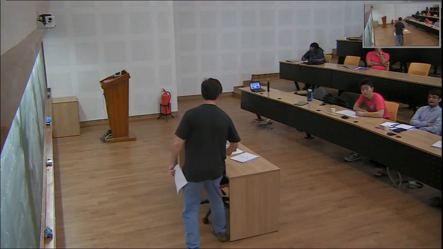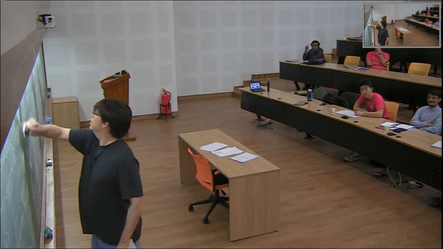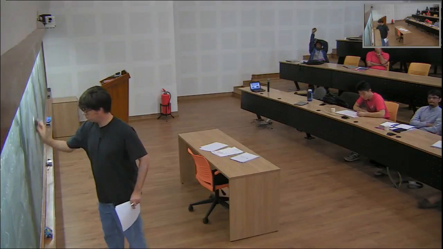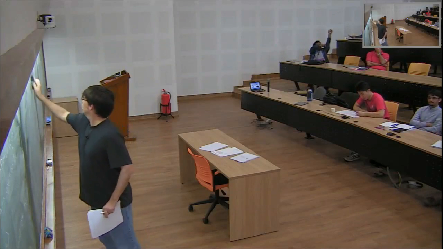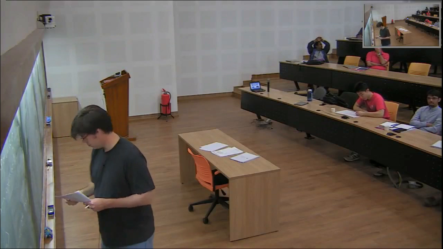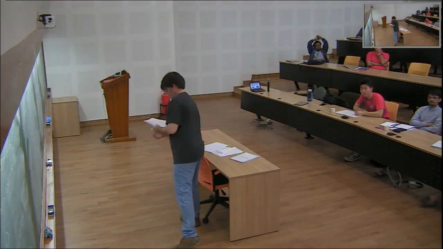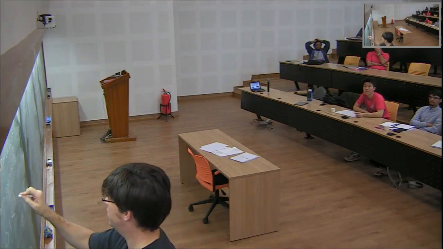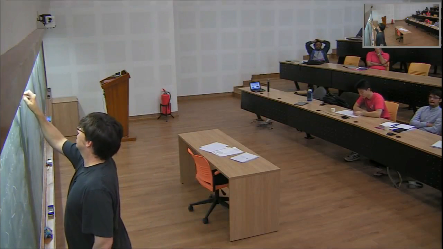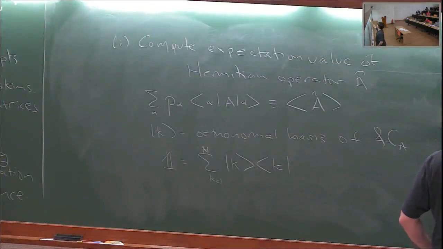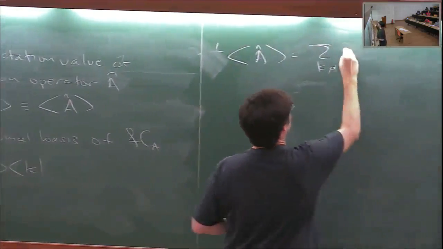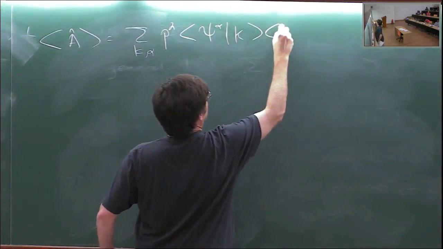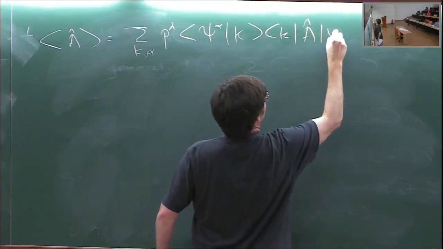It's really stupid, but it works. So I can write, I'll call this the expectation value of A hat: the sum over k and alpha of p_alpha <psi_alpha|k><k|A hat|psi_alpha>.